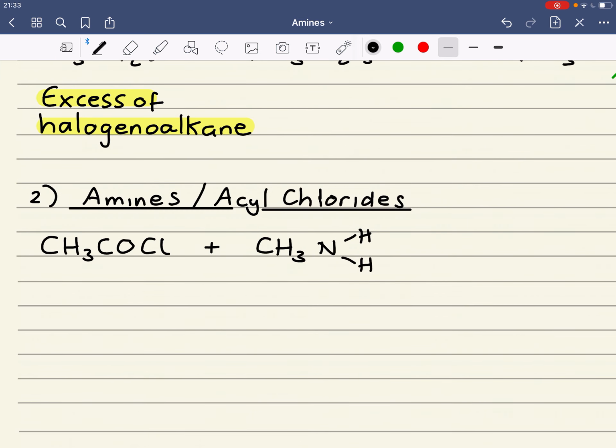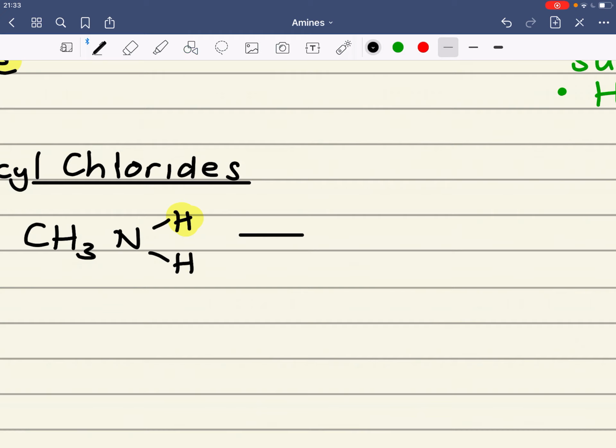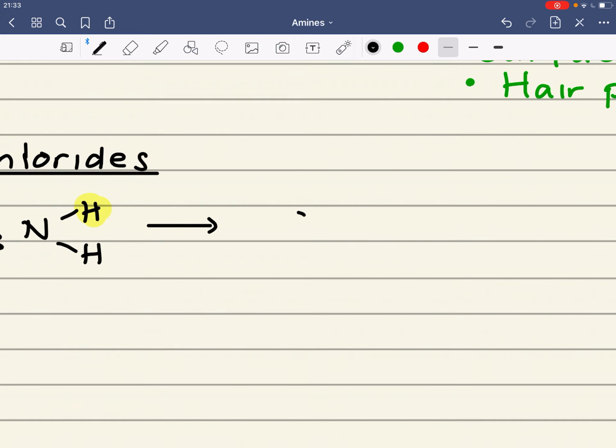And what happens is that this hydrogen is lost with the Cl to form HCl, and the CH3CO then becomes attached to this CH3NH. So in effect, the nitrogen here will become bonded to this carbon here. And that will form the product which is called an N-substituted amide.